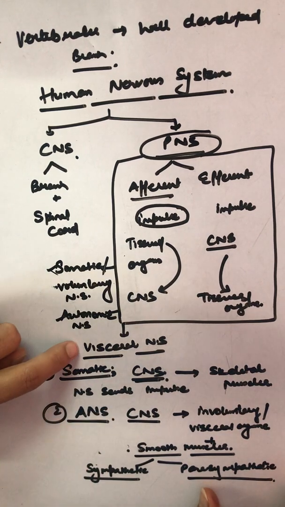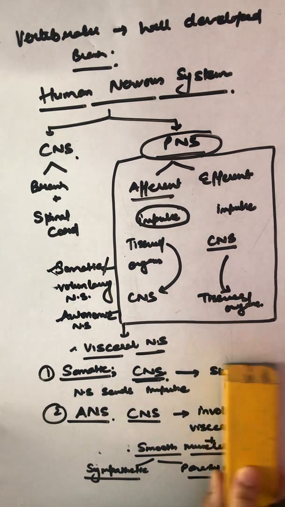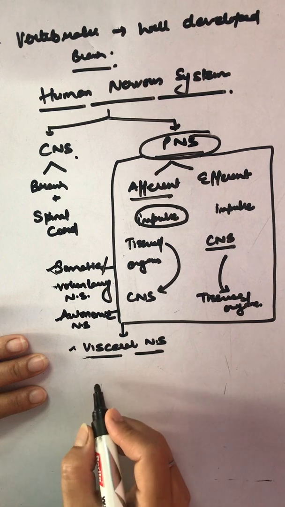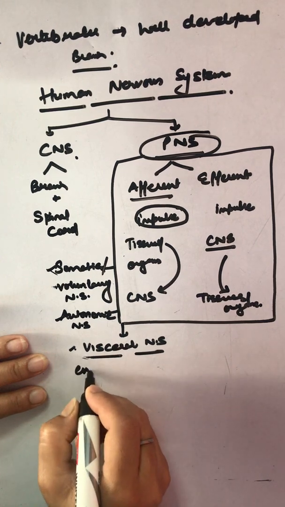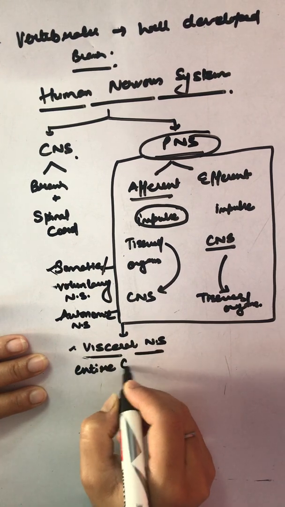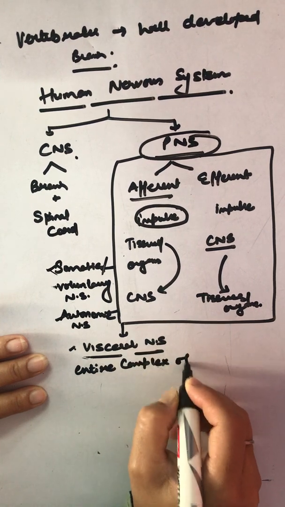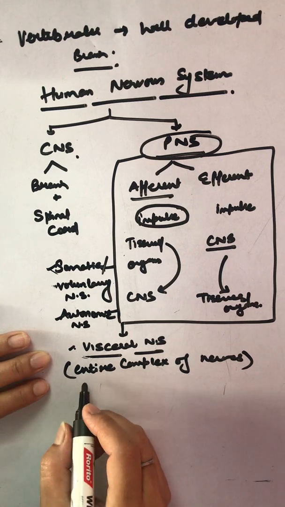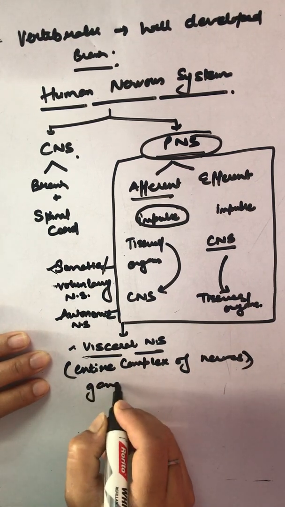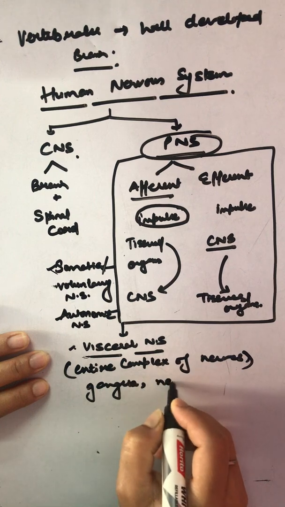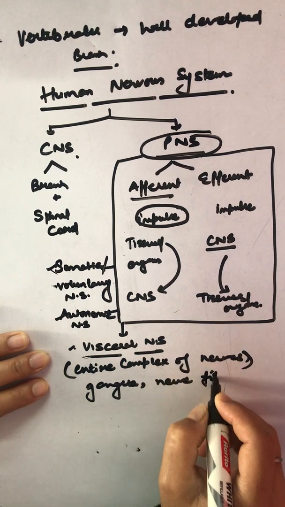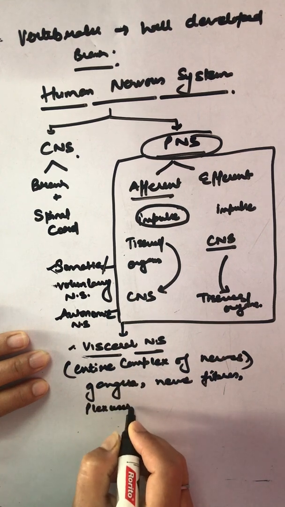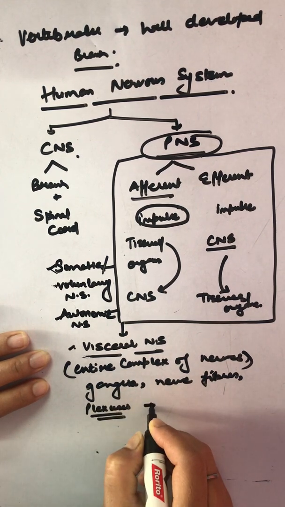Then moving to the third one, the visceral nervous system. The visceral nervous system is a part of the peripheral nervous system that includes the entire complex of nerves, meaning the nerves, the ganglia, nerve fibers, and nerve plexus, through which impulses travel.